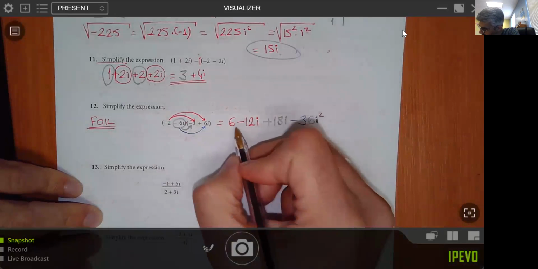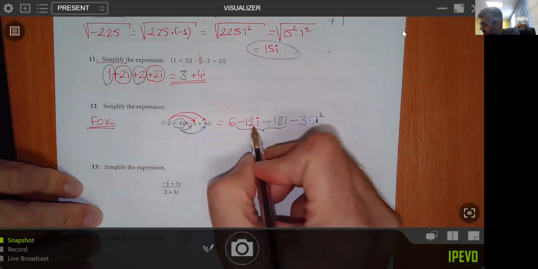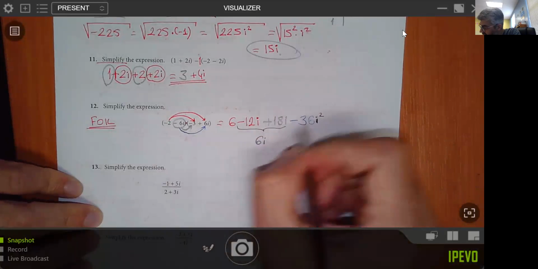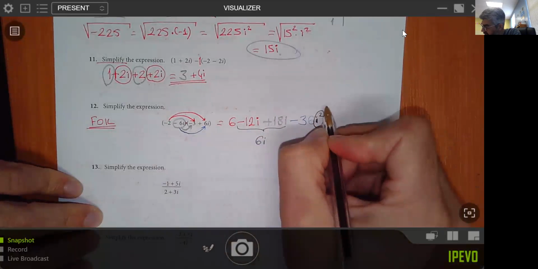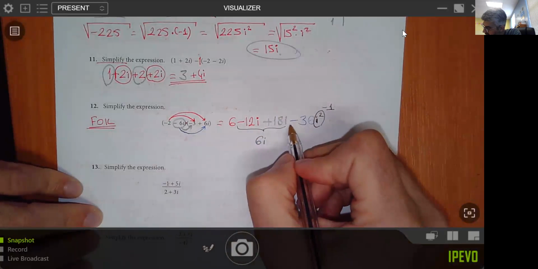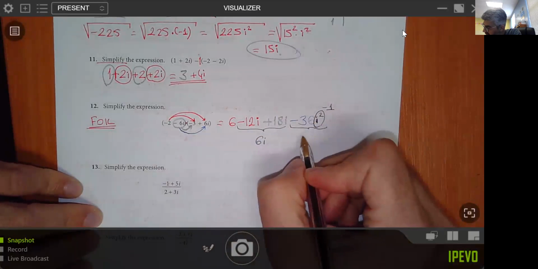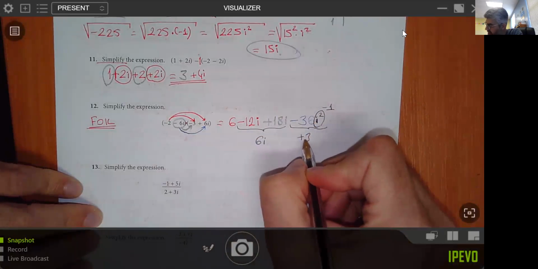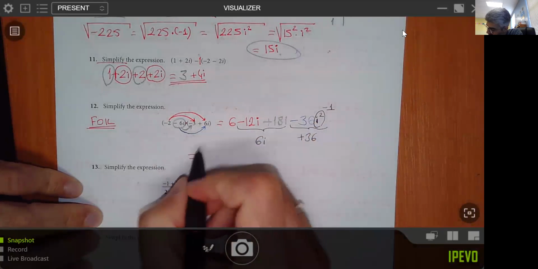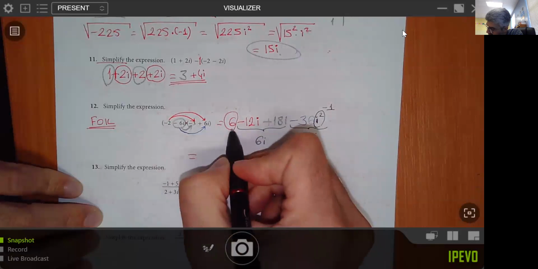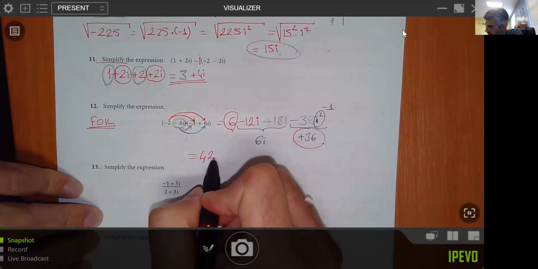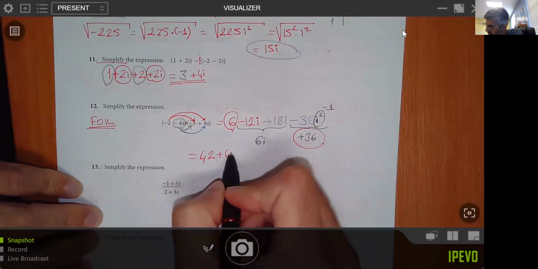I will combine the like terms. This -12i plus 18i makes 6i, first of all. And here, I know that i squared is -1. And -36 times -1, actually, it's plus 36. So the final answer is, I have 6 plus 36, which is 42, and plus 6i.